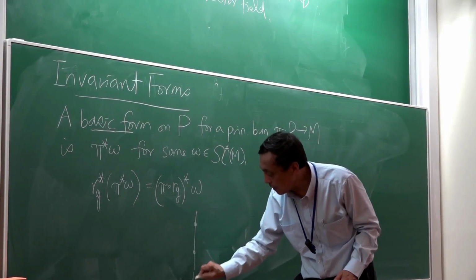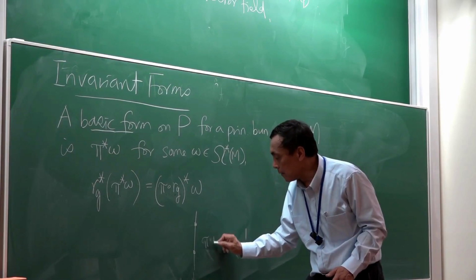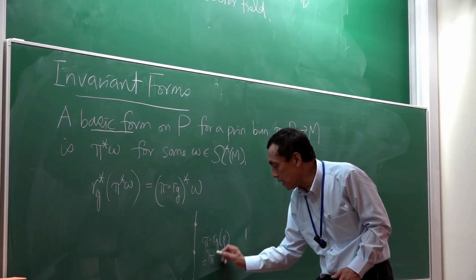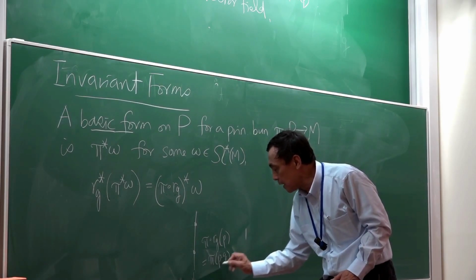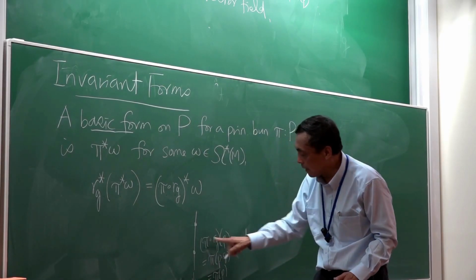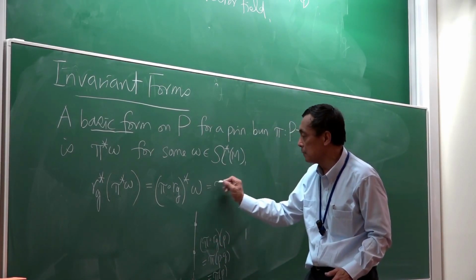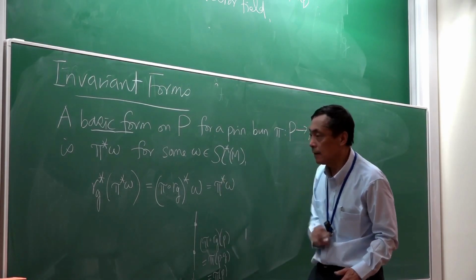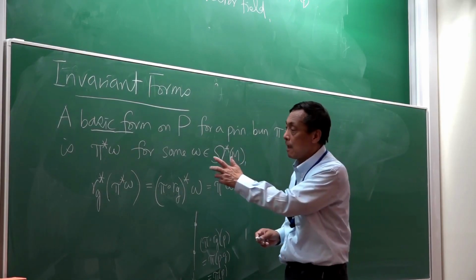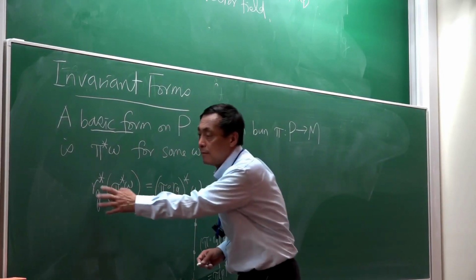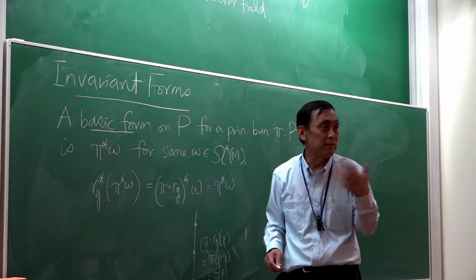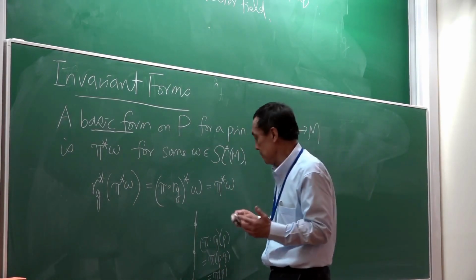So pi of R_g of any p is pi of pg, and that's the same as pi of p. So pi composed with R_g is pi. And this says that a basic form is invariant under right translation.